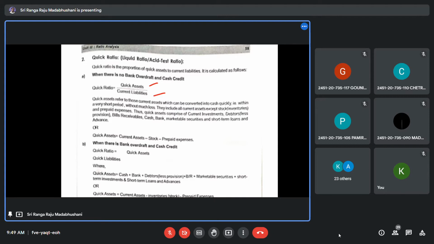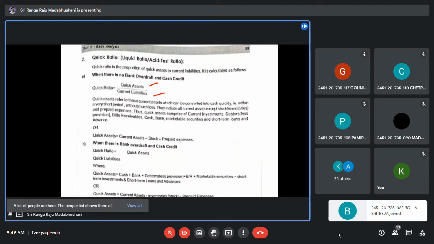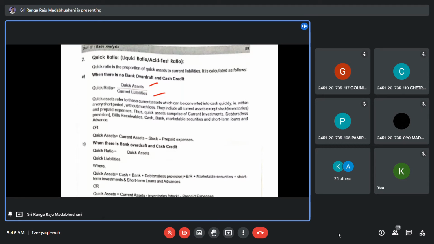So indirectly one can find out quick assets. See, in the question the current assets will be given and current liability will be given, then stock and prepaid expenses will be given. Then you have to find out the quick ratio.